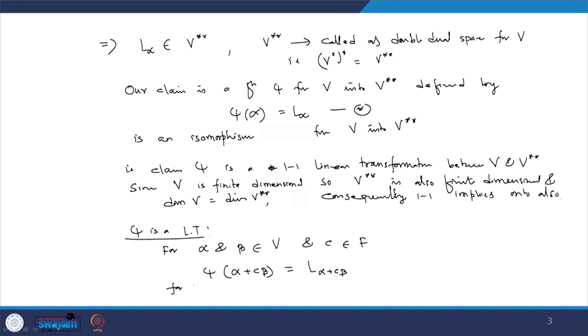For f belonging to V star, L of alpha plus c beta of f equals f of alpha plus c beta, which is equal to f of alpha plus c times f of beta, which is equal to L alpha plus c times L beta, operating on f.